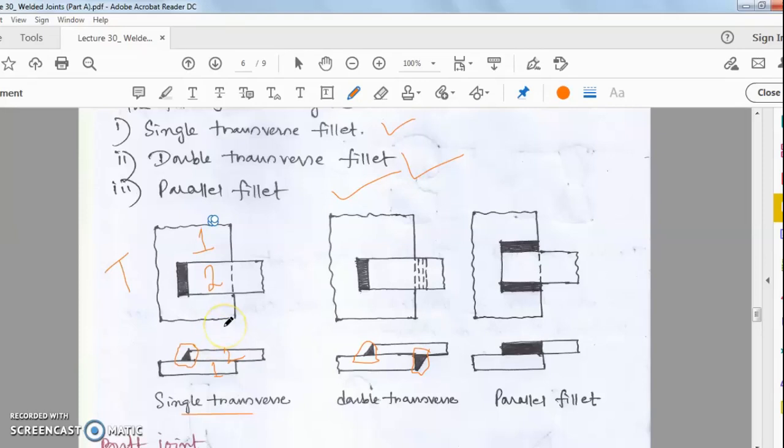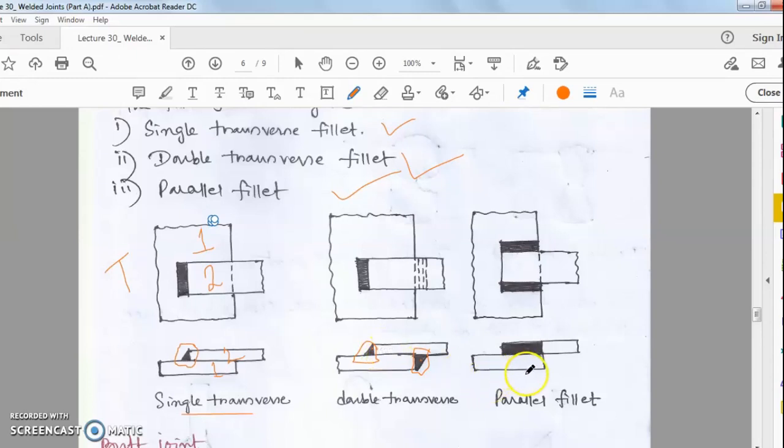This is single transverse type fillet joint, but here you see this is double transverse, because at this edge, this particular edge is also joined and this particular edge is also joined. So two edges are absolutely joined by welding method, so that's why it's called double transverse.